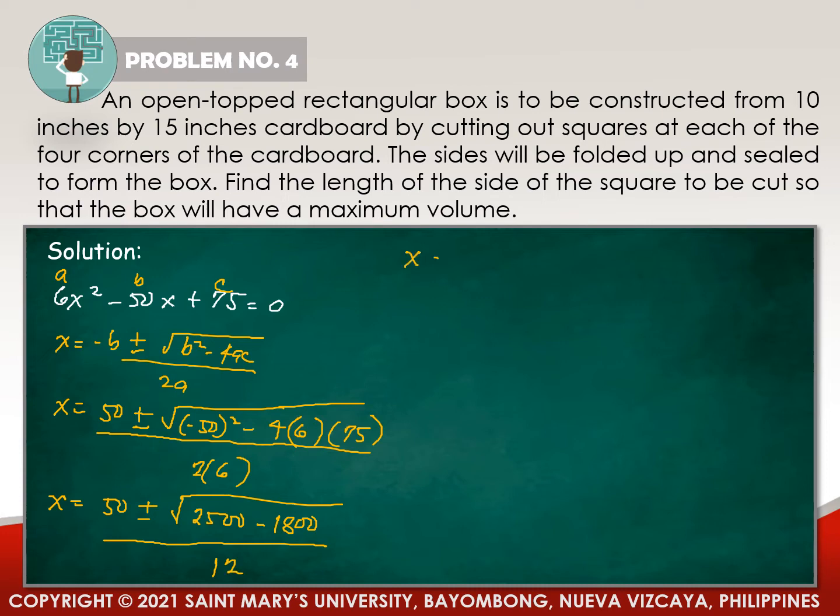So it follows that x is equal to 50 plus or minus the square root of 700 all over 12.